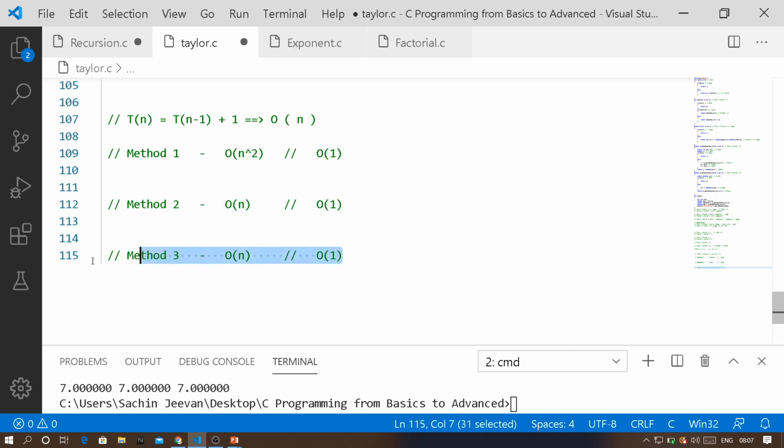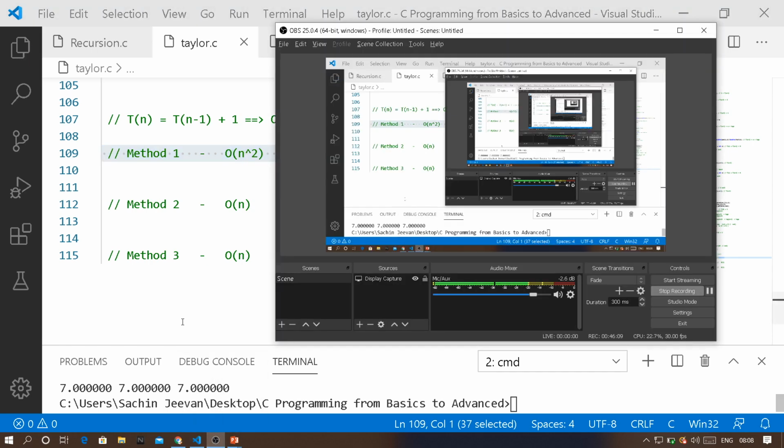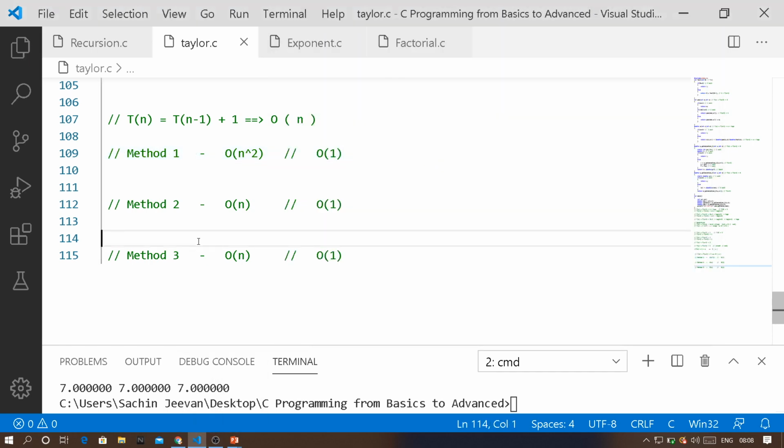Method 3 will take the first efficiency level, method 2 will be taking the next efficiency level, and method 1 remains an inefficient approach for this problem. Okay, hope all the three methods are very clear for you.